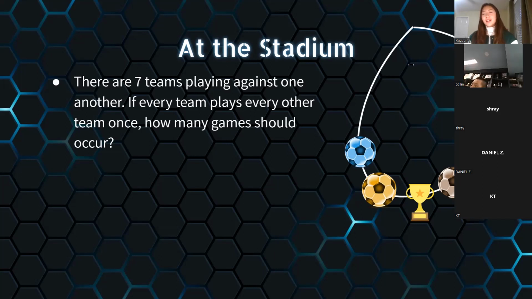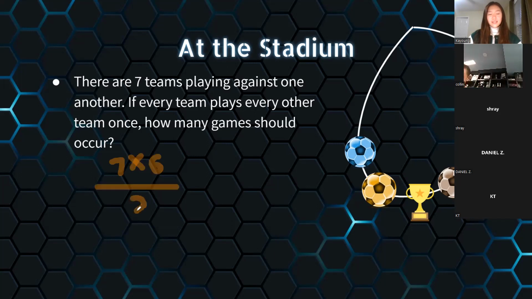Beautiful necklace, I know, right? Okay. So you guys are super genius and you're correct. It's 7 times 6 over 2, because there's 7 teams.